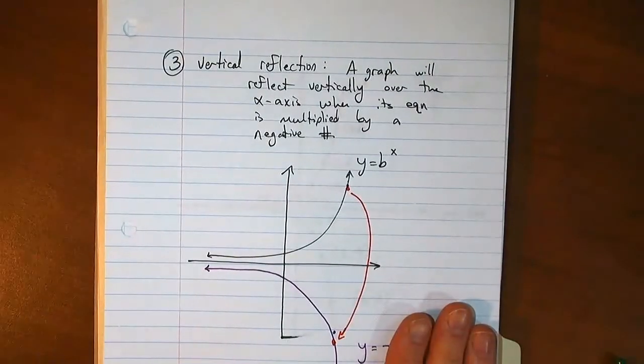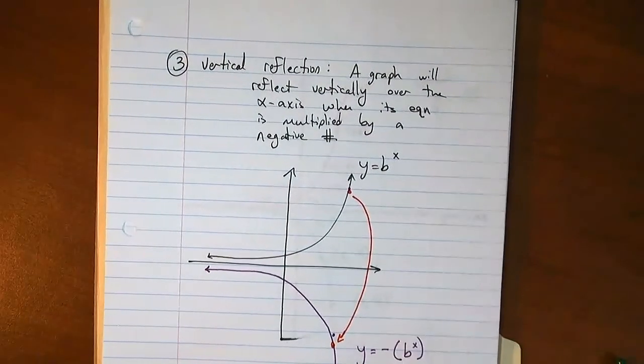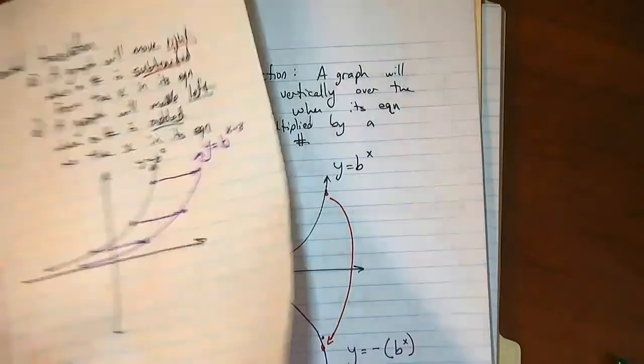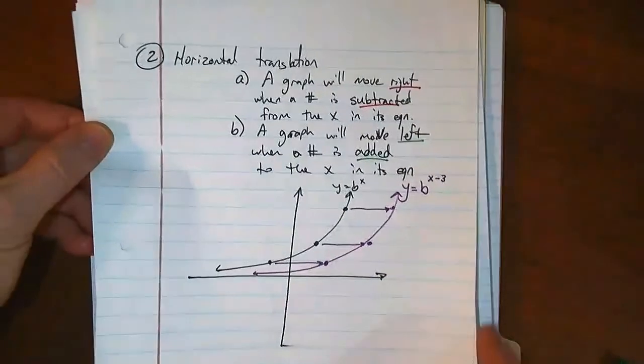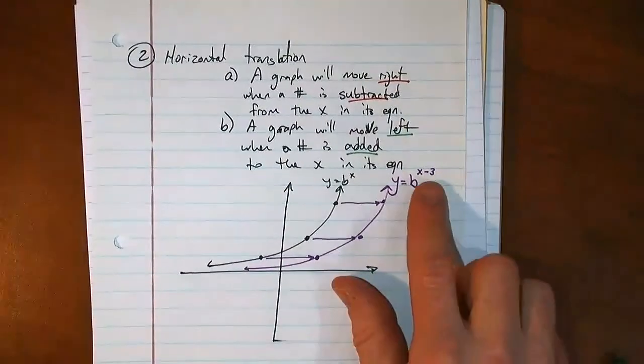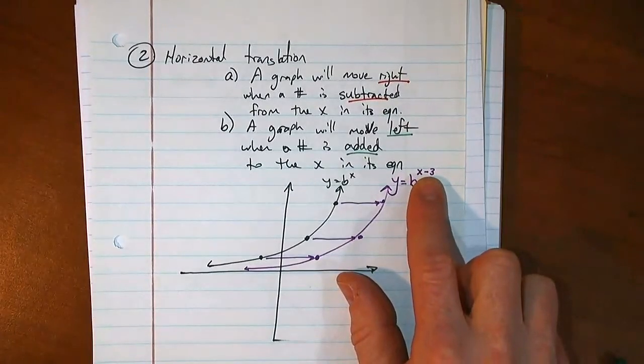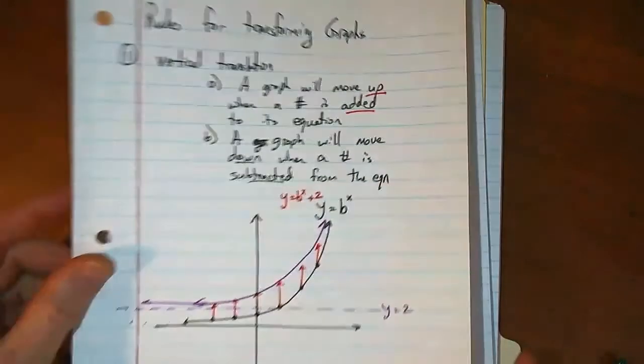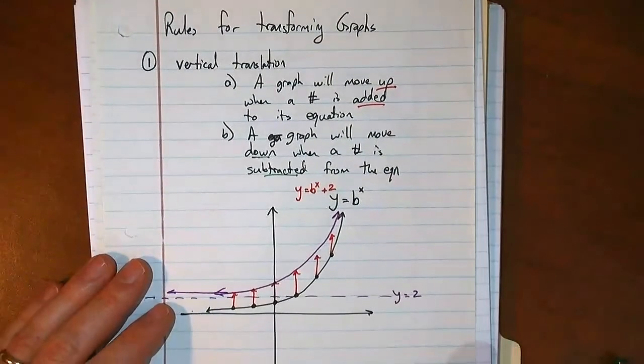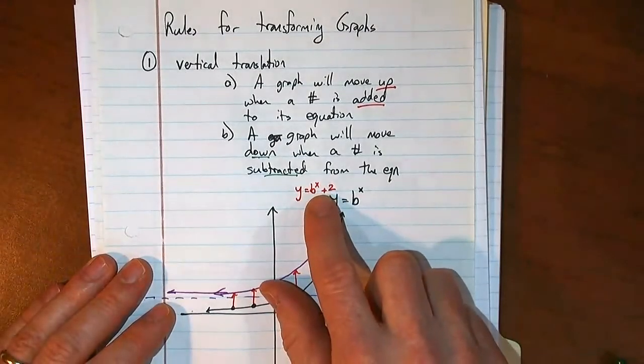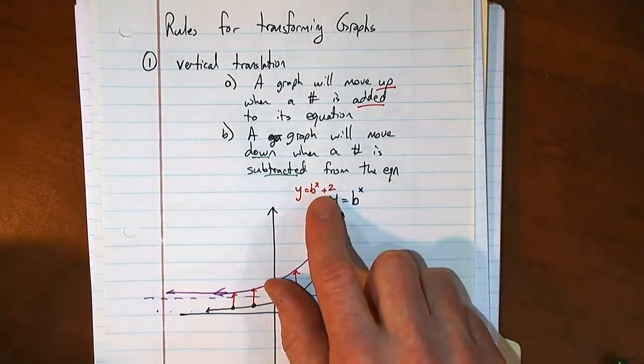Doing a vertical reflection, it happens when you multiply by a negative. Then rule number 2, doing a horizontal translation, that happens when you add or subtract things from the x. And then our first rule was a vertical translation. That happens when you add and subtract things to the whole equation, right?